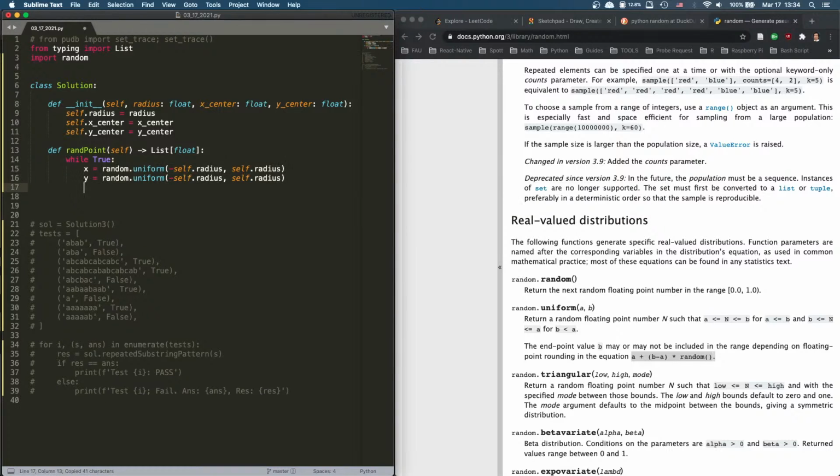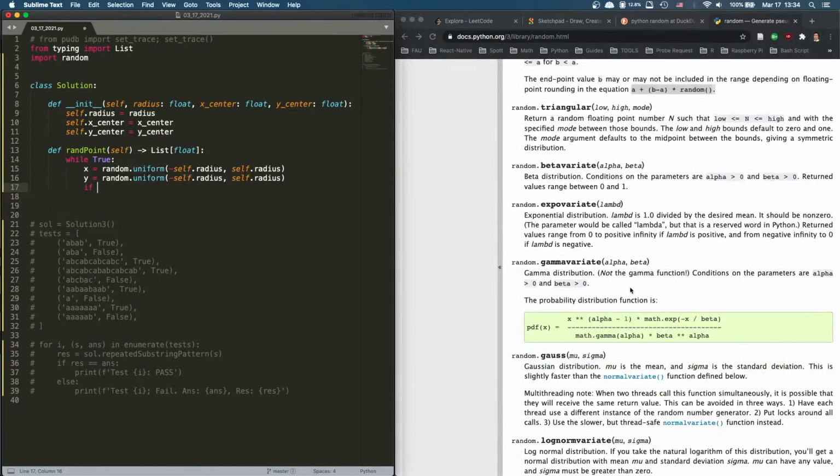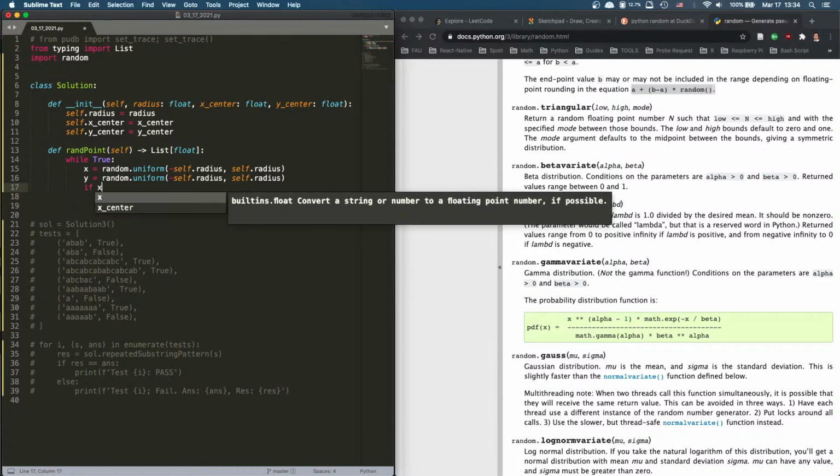And then we're gonna say if distance. Okay, distance. I'm not sure if Python has it, but it's fine. It's basically just x squared plus y squared.